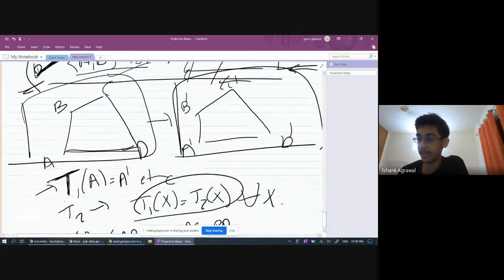I'll give you guys a hint. You have to prove that if 2 different maps map these 4 points to the same 4 points, then they map every single point to the same point.